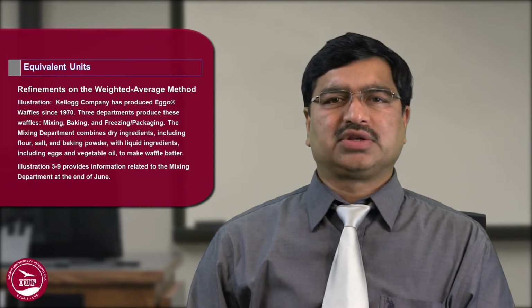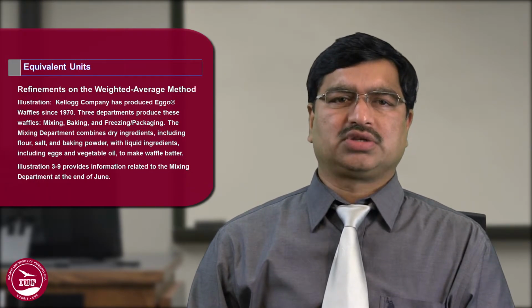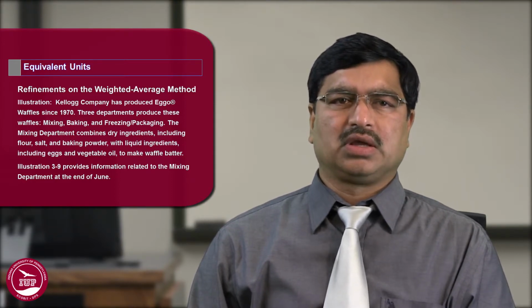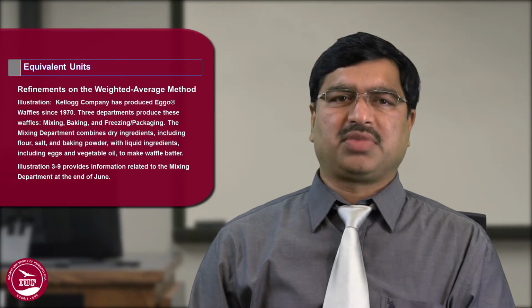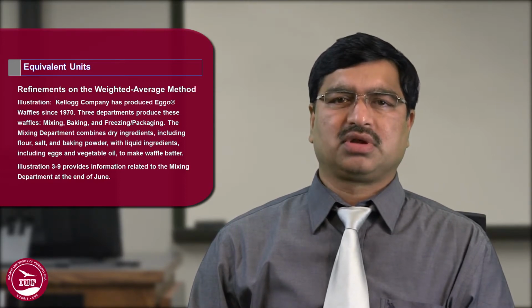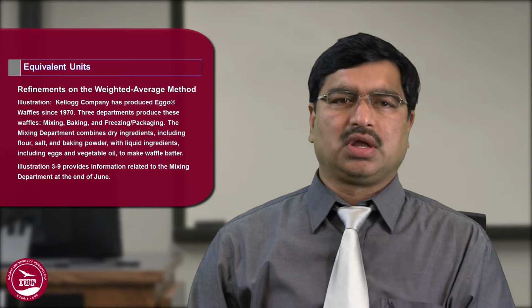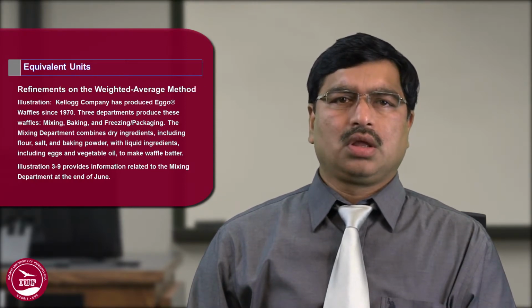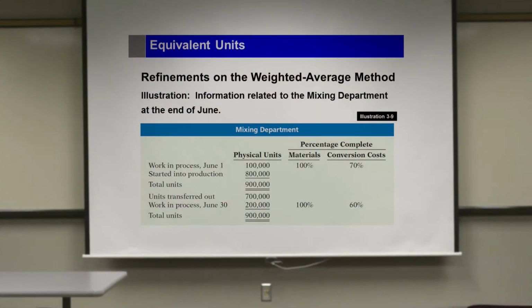Now we can apply this to, say, a situation at Eggo Waffle, where there are 3 departments: mixing, baking, and freezing. The mixing department combines dry ingredients, flour, and so on, to make the waffle. The additional information given on the mixing department is as follows.